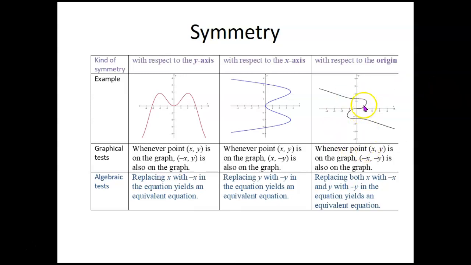Whenever a point (x, y) is on the graph, (-x, -y) is also on the graph. Like if you have the point (1, 1), you also have the point (-1, -1), where you've taken the opposite of both the x and the y at the same time. So in the equation, if you replace both x with -x and y with -y at the same time, then you can simplify it down to where it is equivalent to what you started with.